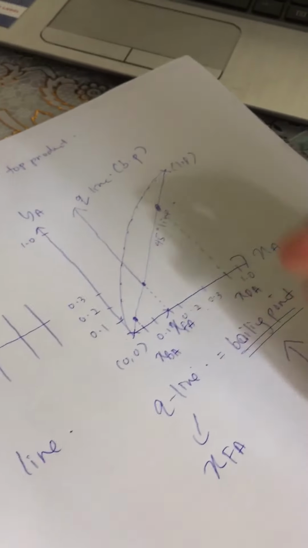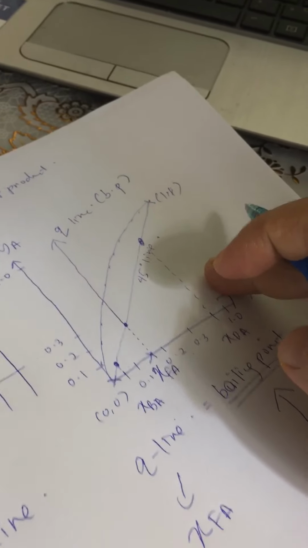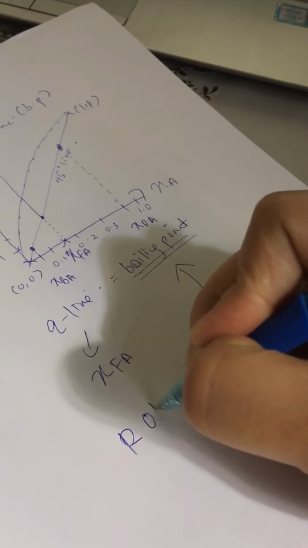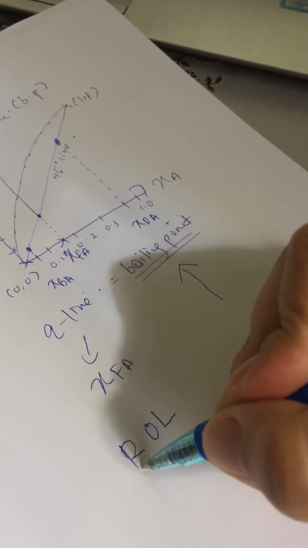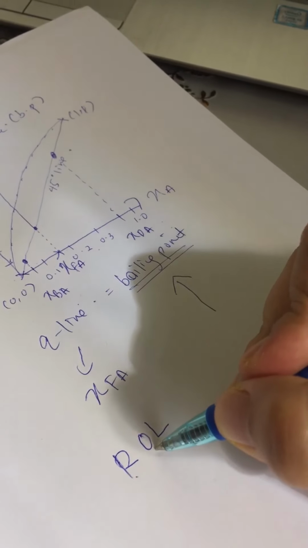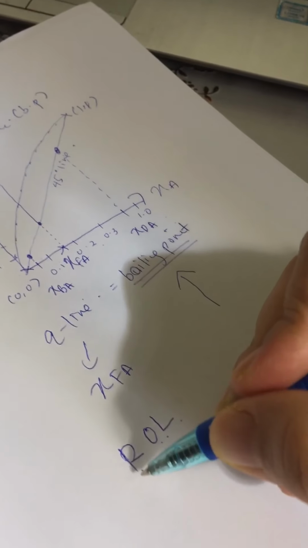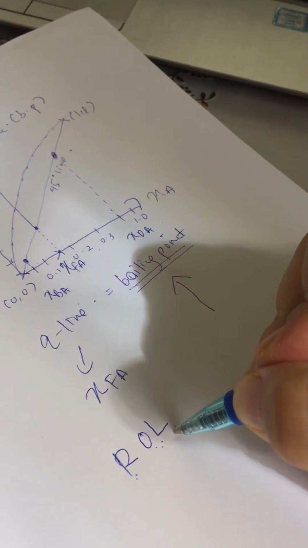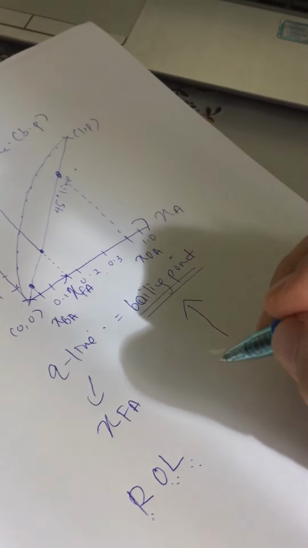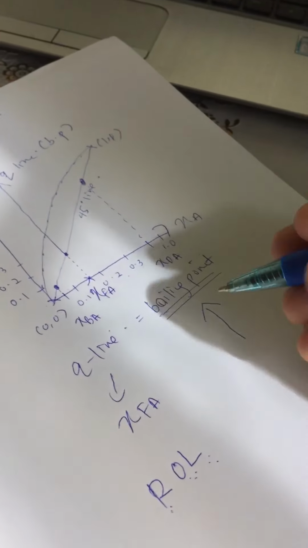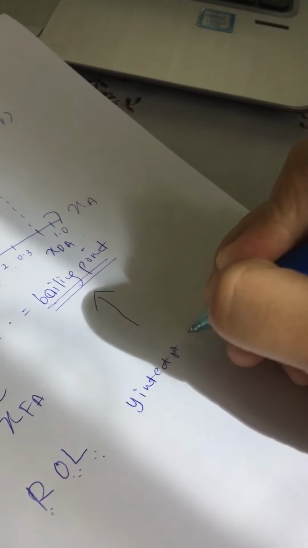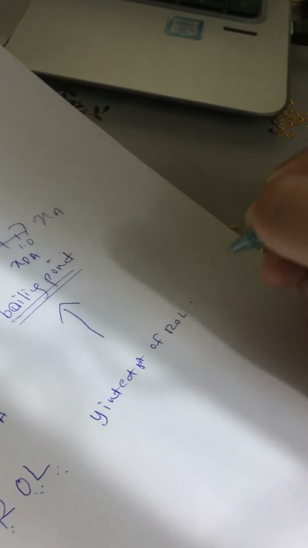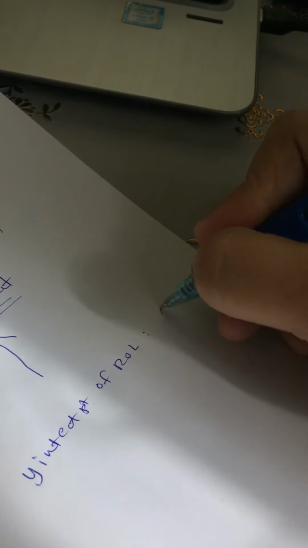The next line to be developed in the graph to get the number of stages is the second important equation, which is the ROL. R refers to rectifying, O refers to operating, L refers to line. So this rectifying operating line is developed in this graph by using its y-intercept. You use this equation: XDA over R plus 1.